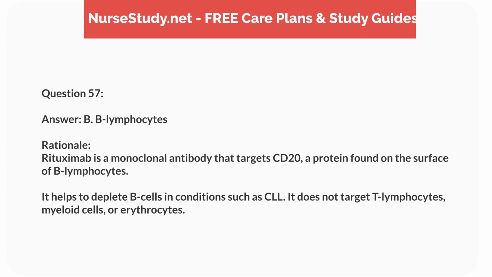Answer: B. B lymphocytes. Rationale: rituximab is a monoclonal antibody that targets CD20, a protein found on the surface of B lymphocytes. It helps to deplete B cells in conditions such as CLL. It does not target T lymphocytes, myeloid cells, or erythrocytes.